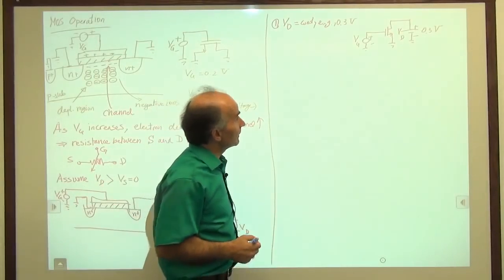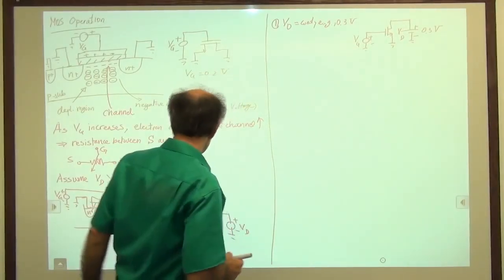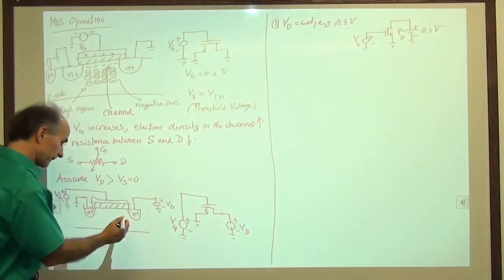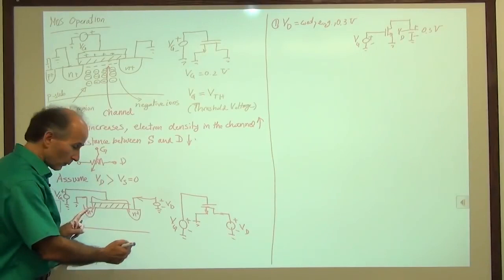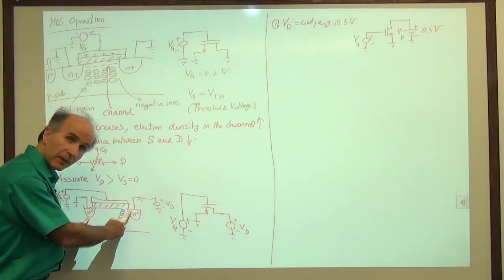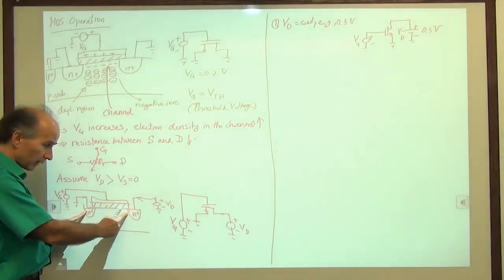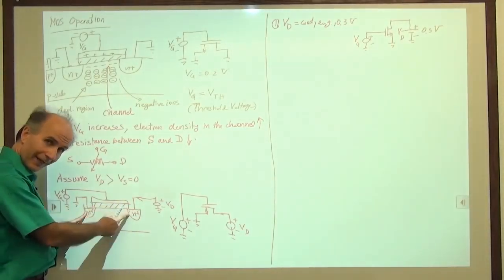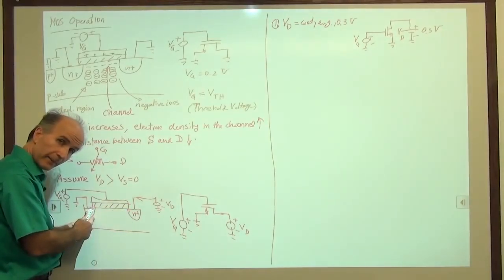Okay, so in this test, we need to look at some currents. Let's look at the current that flows this way here. Remember in the previous structure when we had a voltage difference between A and B, and we had some electrons here, we got a current going from this side to this side, from A to B. So the same thing can happen here.